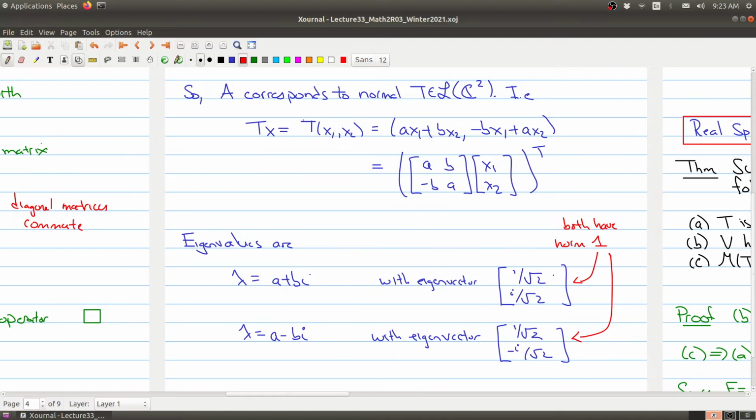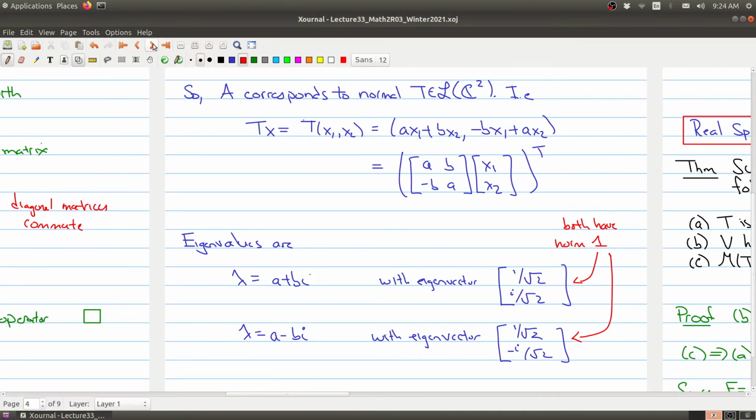The other thing that you can notice, and you could probably do this in your head, is that when you do the standard Euclidean inner product on these two vectors, you get zero. These two vectors are orthogonal if you're using the standard Euclidean inner product on C2.